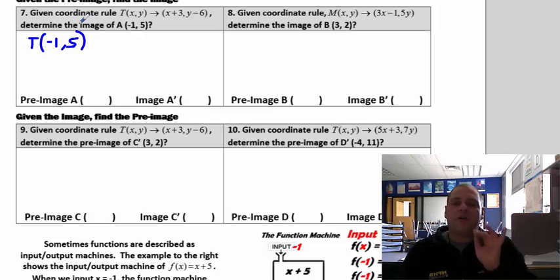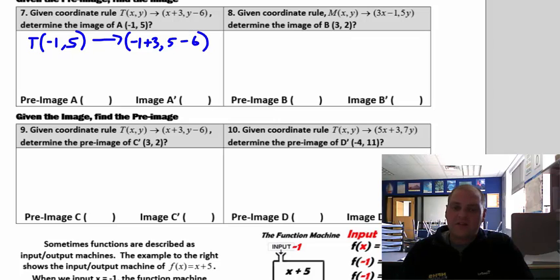That is the preimage. We want to find the image. So x plus 3. Well, x is -1. -1 plus 3. y minus 6. Well, y is 5. 5 minus 6. So all I did is plug in the x and plug in the y.